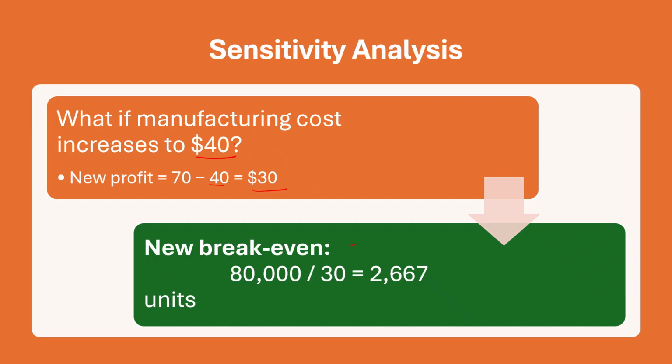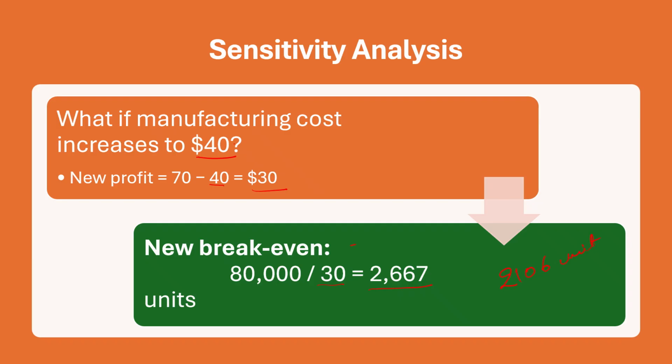To calculate the break-even, that is 80,000 from the previous slide, divided by 30, that gives you 2,667 units. It is quite an increase from 2,106 units that we had previously calculated.